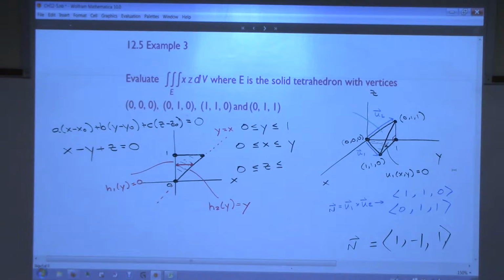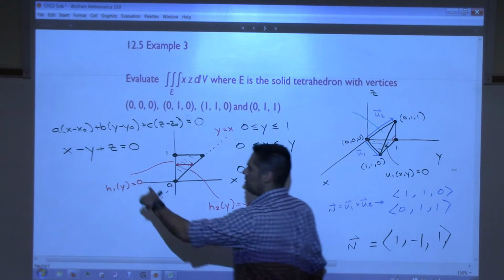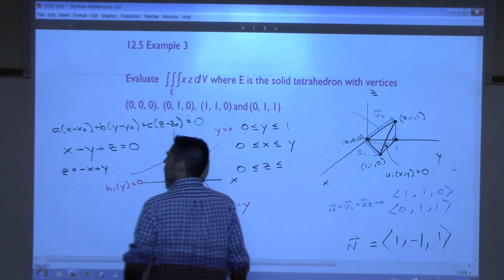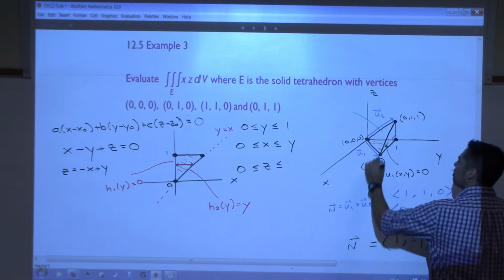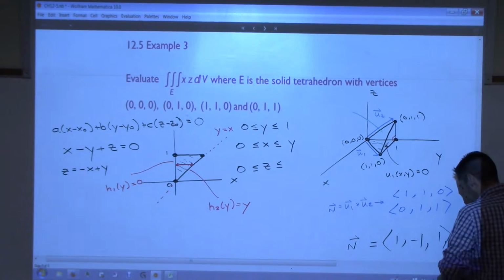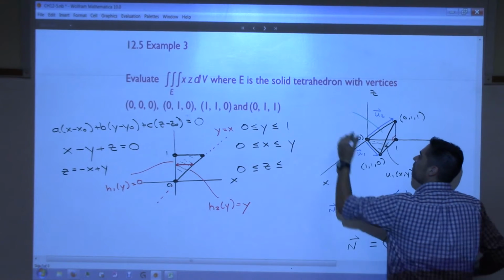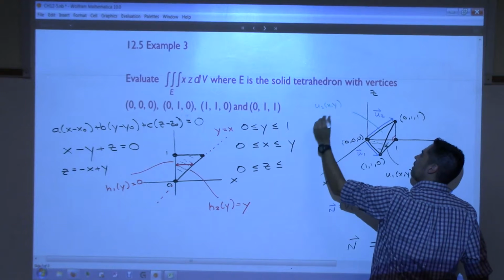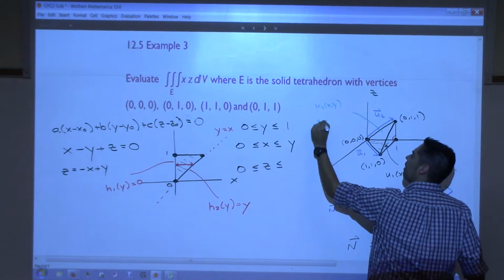Questions? Solve this for z. Negative x plus y. That is the equation of this top surface. u2 of x, y is negative x plus y.